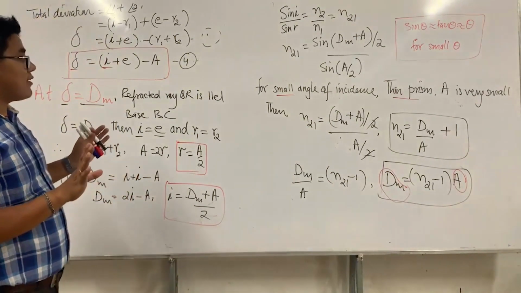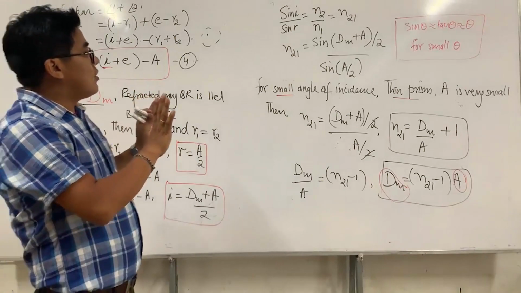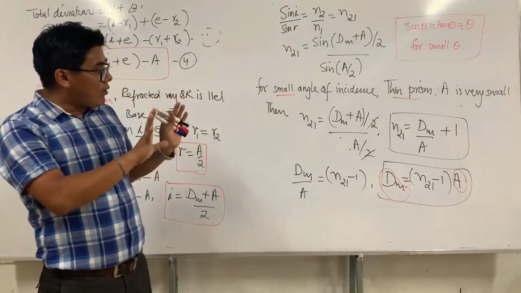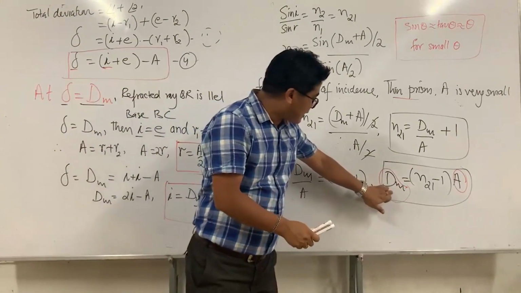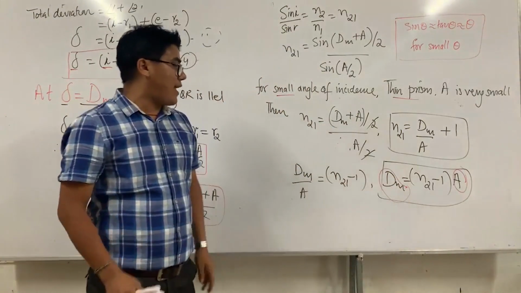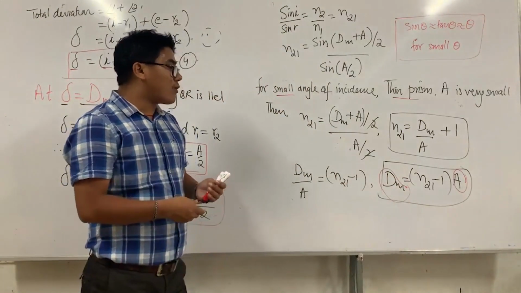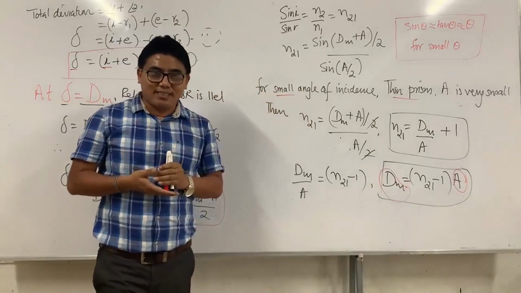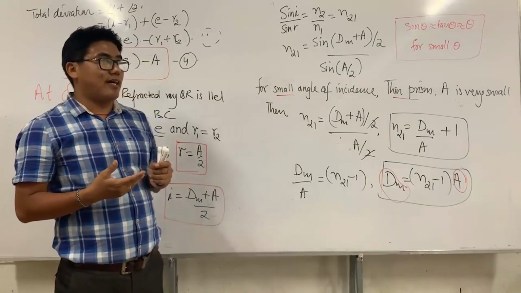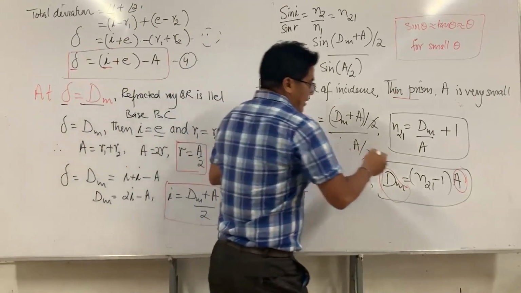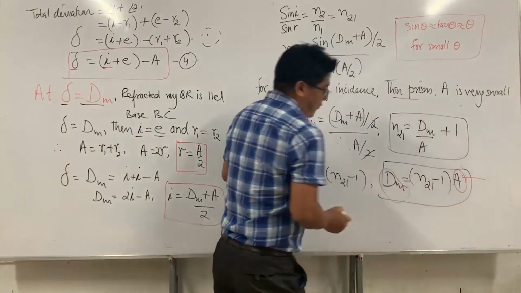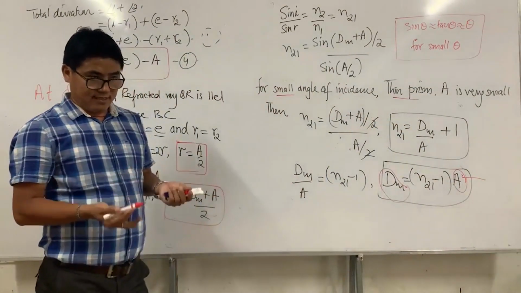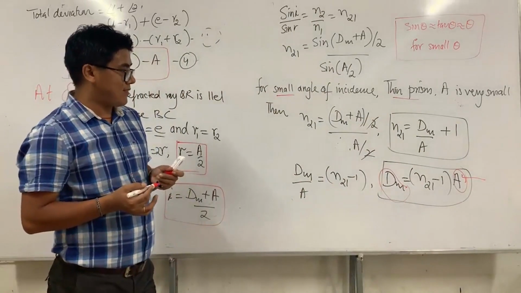So things are very clear here. Whenever we talk about this, it is one particular angle. You can see that the angle of minimum deviation is also a characteristic of a prism, provided A is fixed. Why?